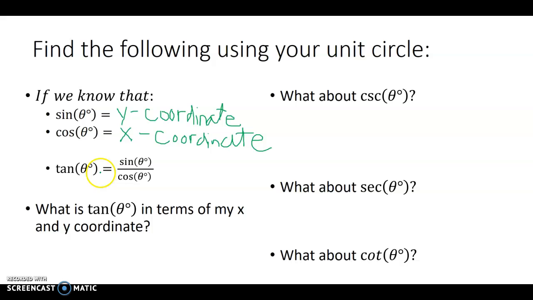If I know that tangent is sine over cosine, how can I write tangent in terms of my x and y coordinate? Right, because sine is the y coordinate, and cosine is your x-coordinate. Okay?